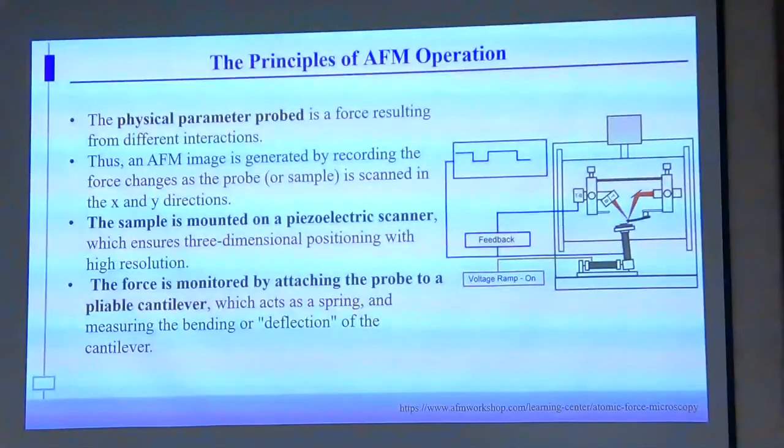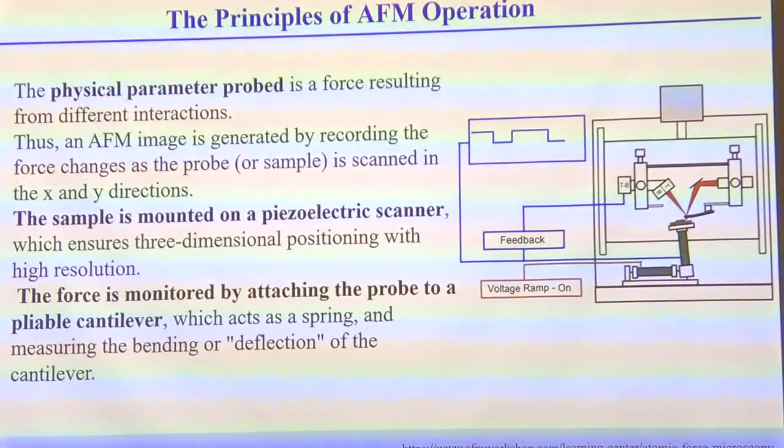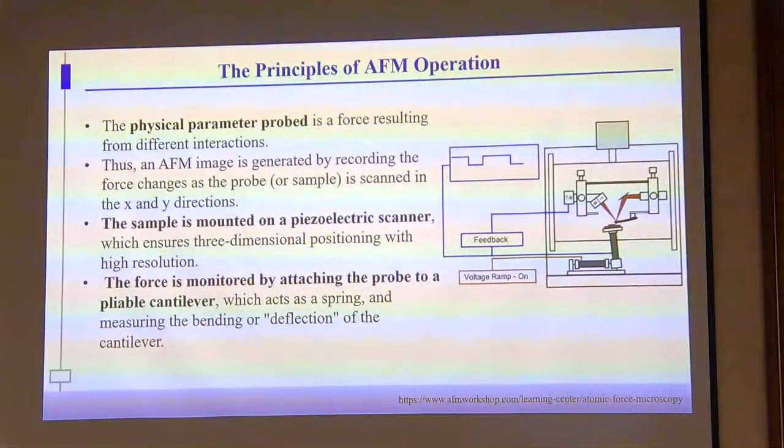So the principle of AFM, as I mentioned, involves piezoelectric forces. The physical parameter probed is a force resulting from different interactions. The AFM image is generated by recording the force change as the probe is scanned in the X and Y direction. Here the sample is mounted on a piezoelectric scanner, which ensures three-dimensional positioning with high resolution.